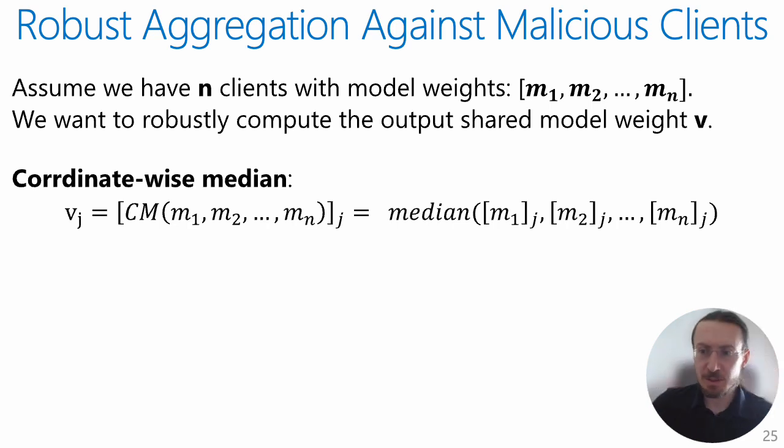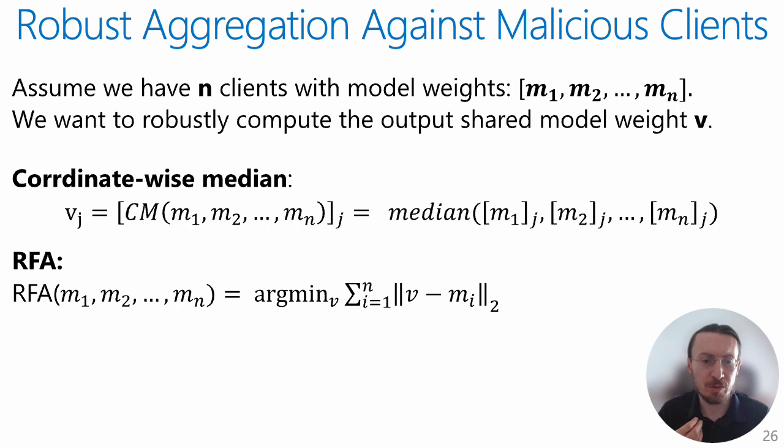Instead of using the standard mean of the model weights, we can simply use a more robust statistic and replace, in this case, mean with median. This was proposed to be done on the coordinate level. Thus, for each coordinate, we compute the median value.